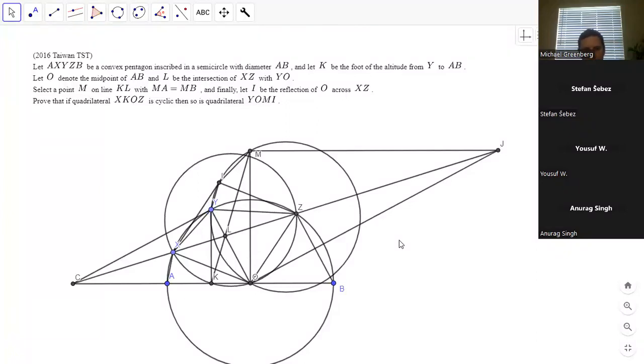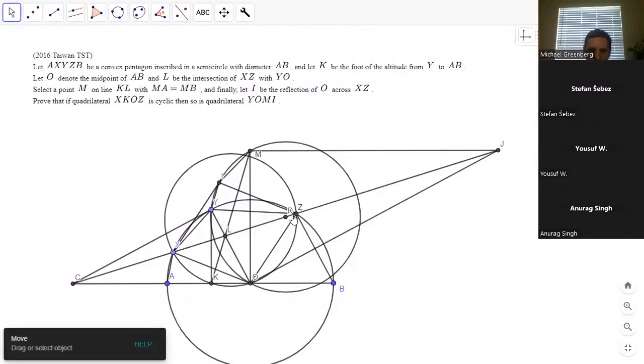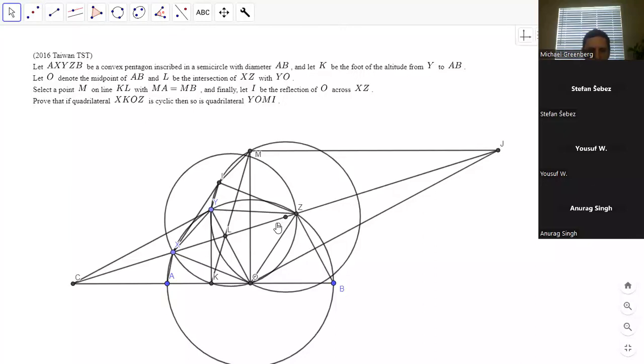Can you show us the center of the circle? So the center of the circle looks like it's the midpoint of CJ.